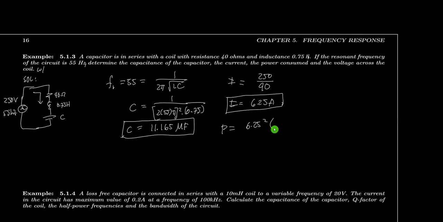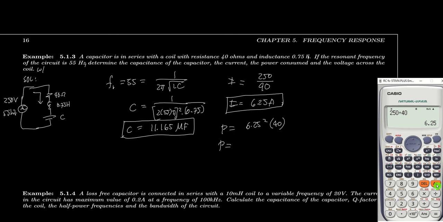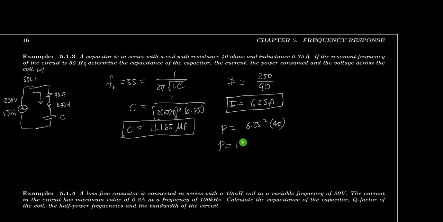You square that and multiply it with the resistance, 40, and that will be our real power, the power being dissipated by the 40 ohm resistor. So 6.25 squared times 40 is 1562.5. Unit is watts.